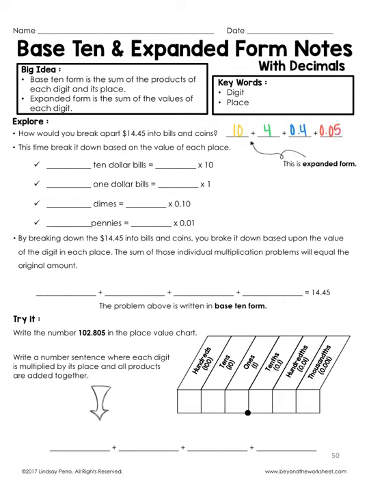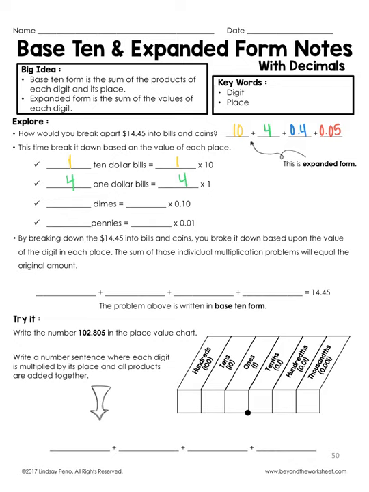Okay, so we'll look at it here. So I have $10 here, which would be one $10 bill, or 1 times 10. I have 4 $1 bills, which would be 4 times 1.